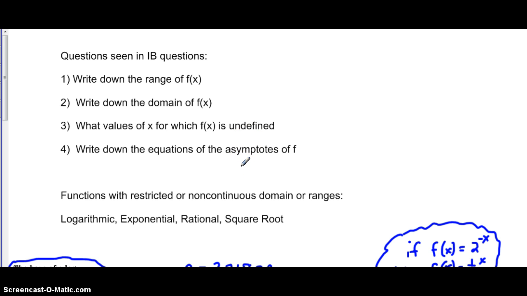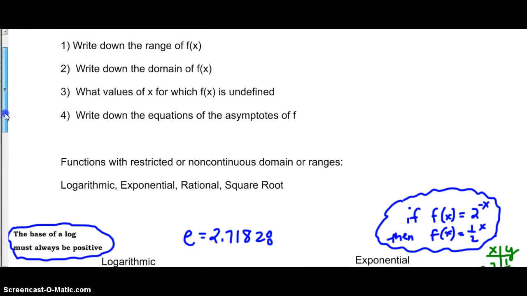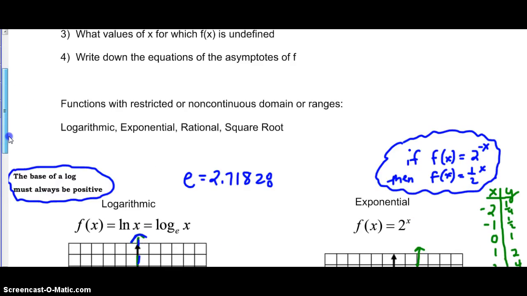And in addition, they've asked you to write down equations of the asymptotes of the function. Particularly in this video, I want to talk about the functions that have restricted or non-continuous domain and range. We've reviewed those a lot in Algebra 2 and wanted to bring those back: logarithmic, exponential, rational, and square root.